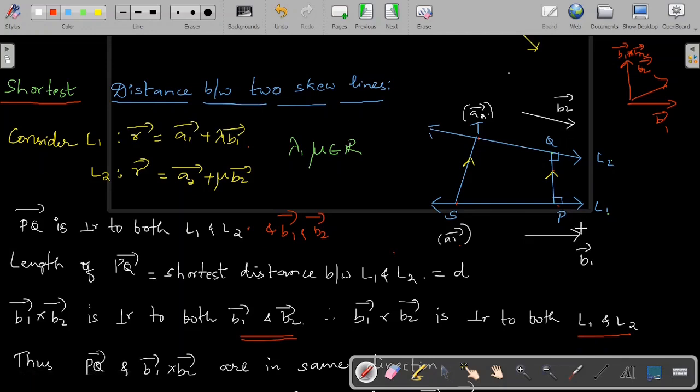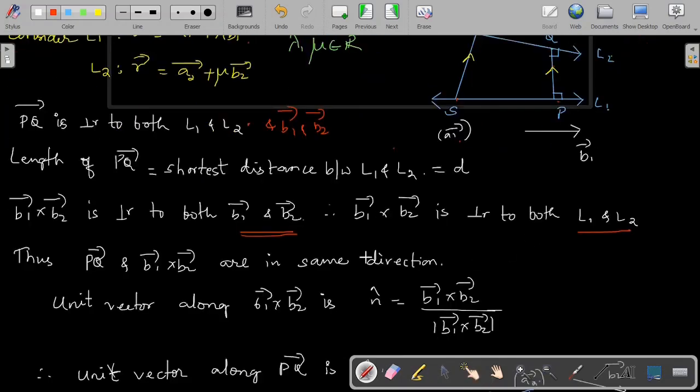Therefore, it should be perpendicular to both L1 and L2 because L1 and L2 are in the same direction as that of B1 and B2 vector. Therefore, eventually PQ vector and B1 cross B2 vector both are in the same direction, because this is also perpendicular to L1 and L2. PQ vector is also perpendicular to L1 and L2. Both are perpendicular to L1 and L2 means they should be in the same direction.